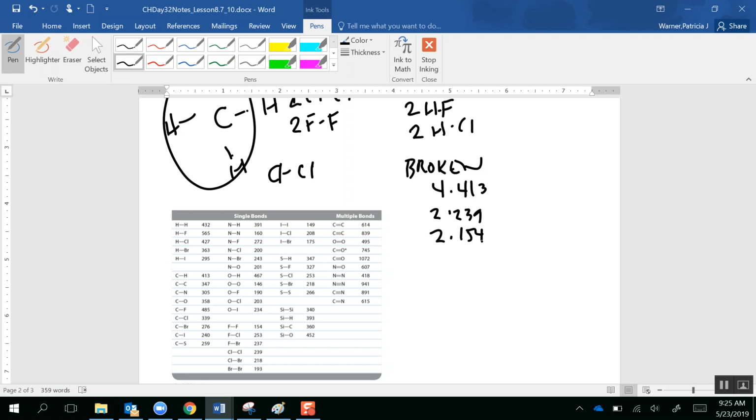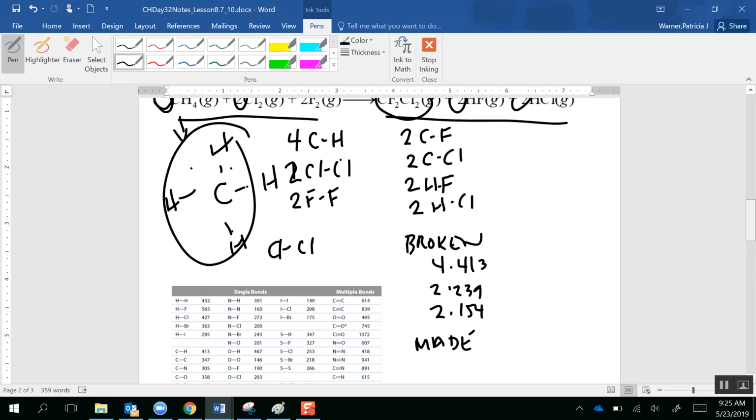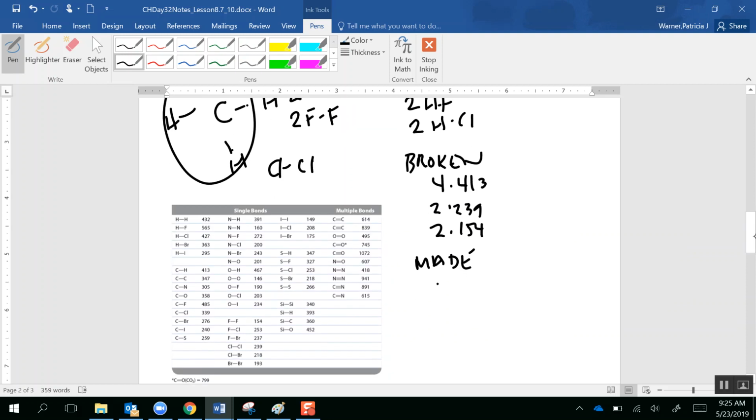So the bonds made: we have 2 carbon-fluorine, so that's 2 times 485, 2 carbon-chlorine, 339, 2 hydrogen-fluorine, which is 565, and then 2 hydrogen-chlorine, which is 427. And so it's going to be bonds broken minus bonds made.